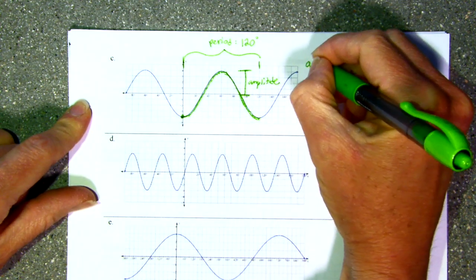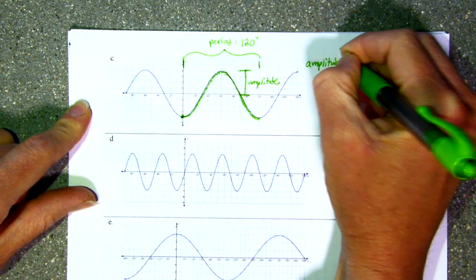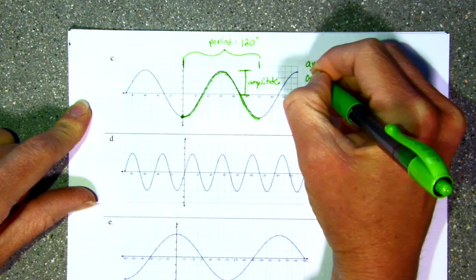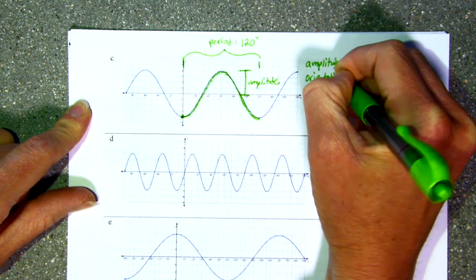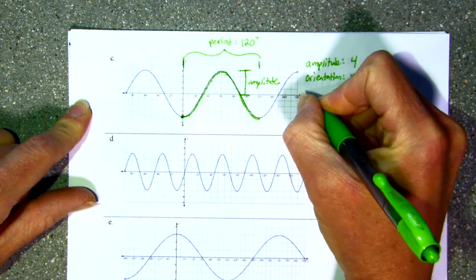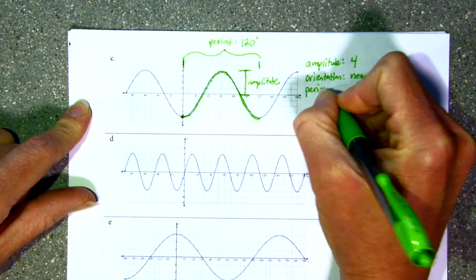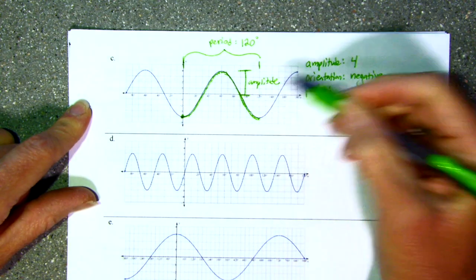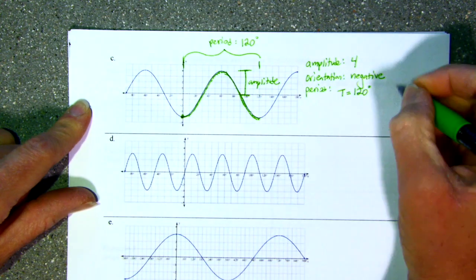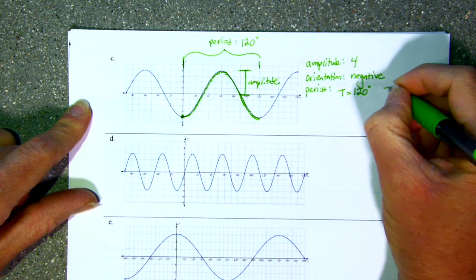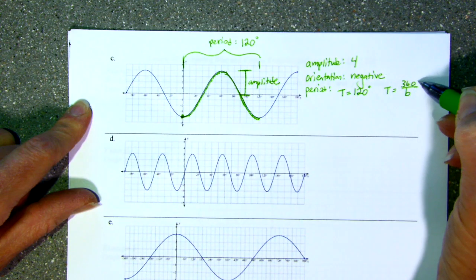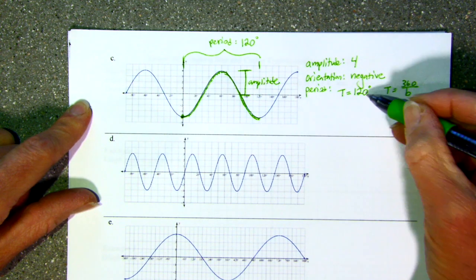So amplitude is 4. Orientation is negative. Our period is 120 degrees. So T is equal to 120. We know T is equal to 360 divided by b. So we need to know 360 divided by how much gives us 120.